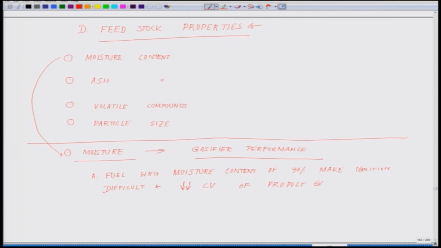So, one has to ensure that this level is below 30%, due to the need to evaporate the additional moisture before combustion.